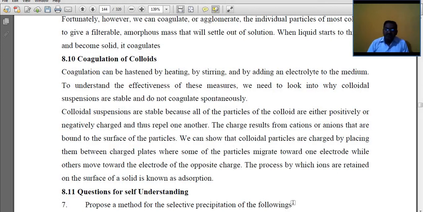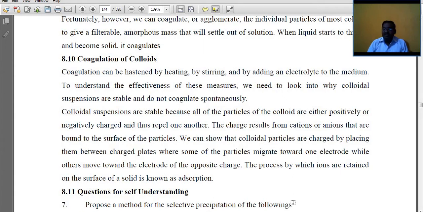Colloidal suspensions are stable because all of the particles of the colloids are either positively or negatively charged and thus repel one another. The charge results from cations or anions that are bound to the surface of the particles.